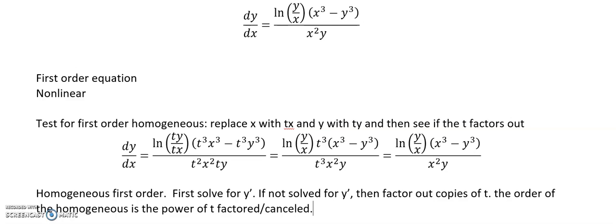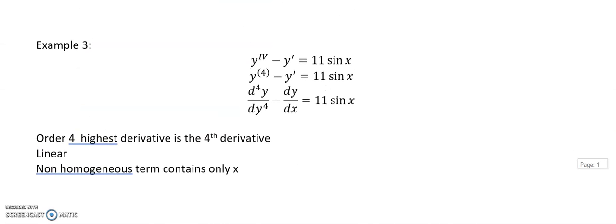And then homogeneous for first order equations is special, and homogeneous for non-first order equations has to do with this: is there a loose term that has no y's in it and only x's. If every term has a y in it, it's homogeneous, and if there's a term that has x's in it, then it's not homogeneous.